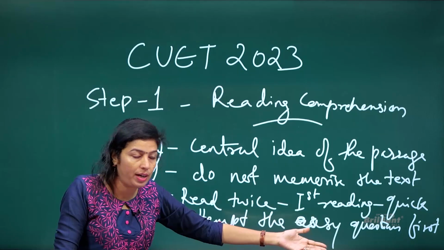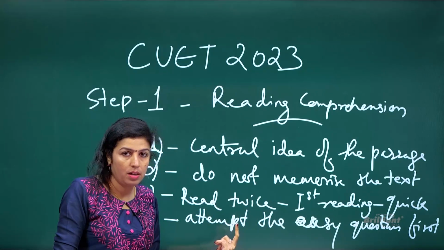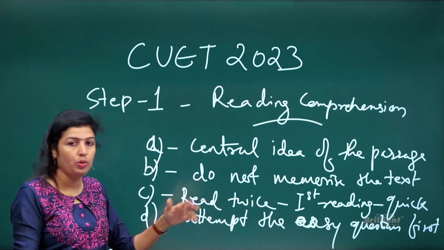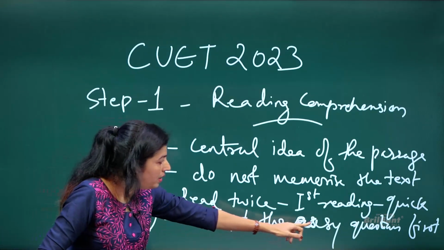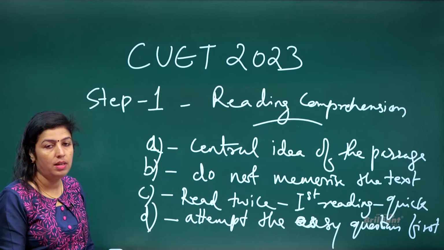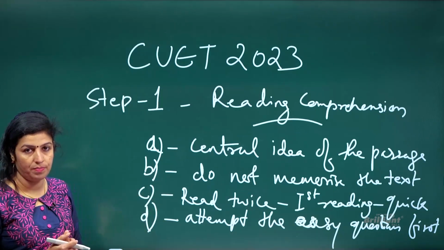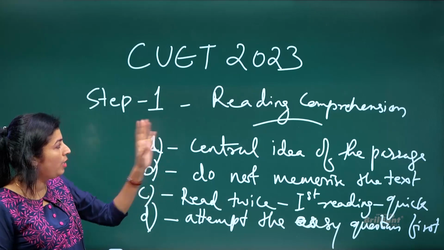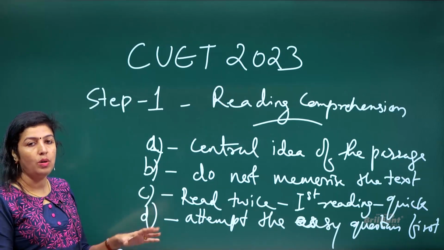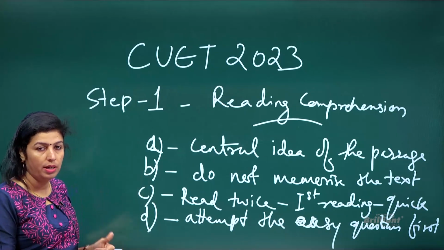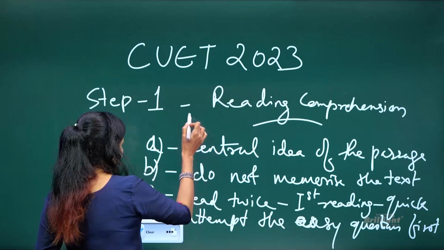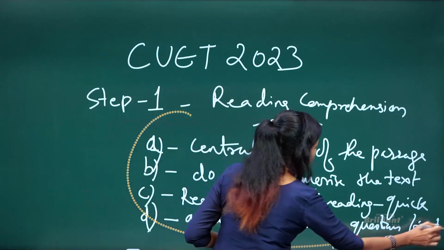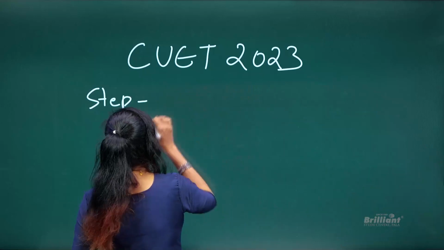If that attempt fails, read again, a little more carefully, and then solve other questions. While solving also, try the easy ones first and then come to the difficult ones. In that way your reading comprehension task also will be a little easier. So that's all about step 1, reading comprehension.